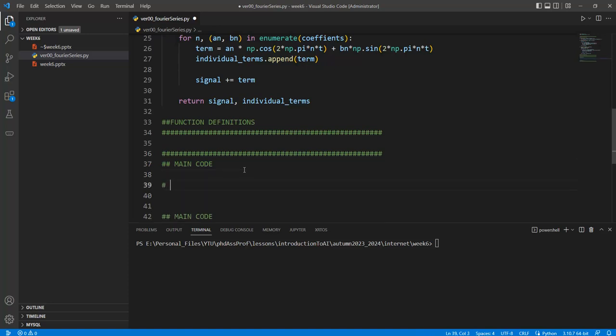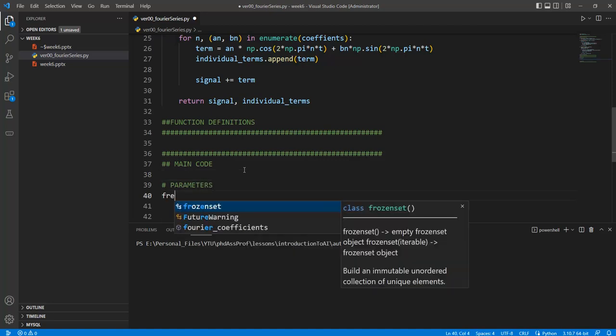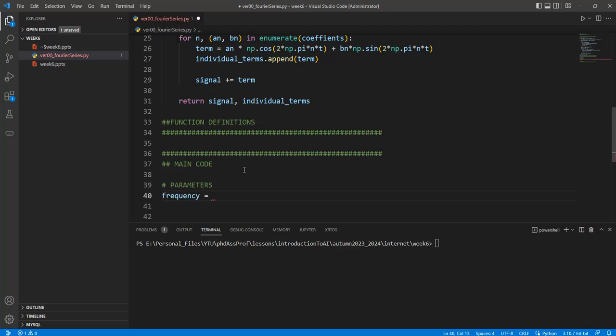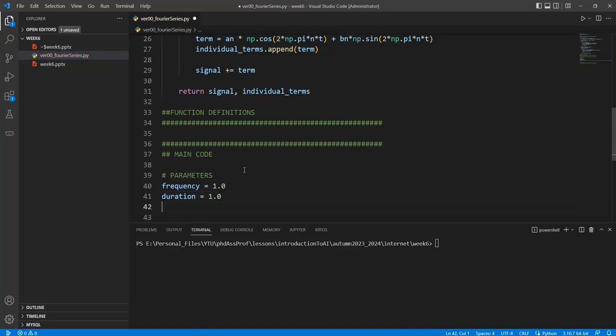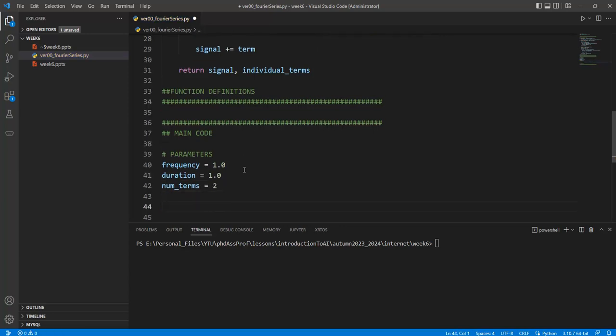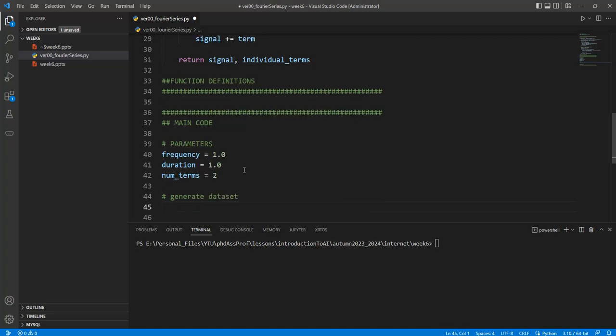Okay, firstly we need to define the parameters like this one. For example, frequency pattern is 1 and duration is 1, and num terms in the first place, for example 2. Okay, and we can generate the data set in here like this one.